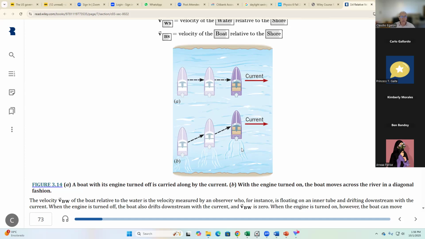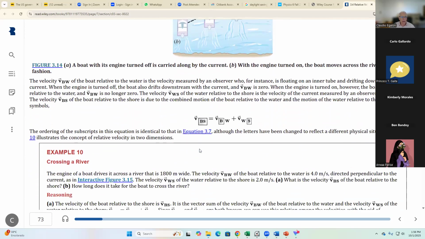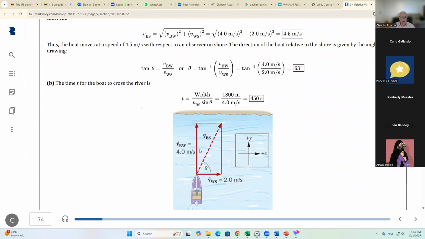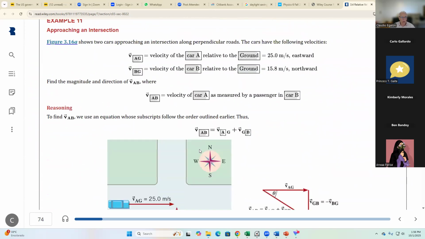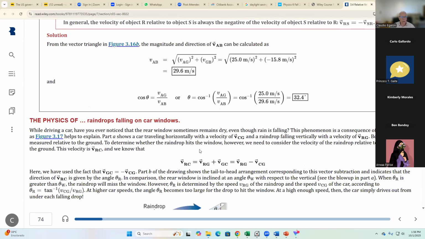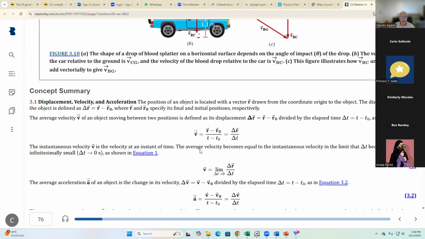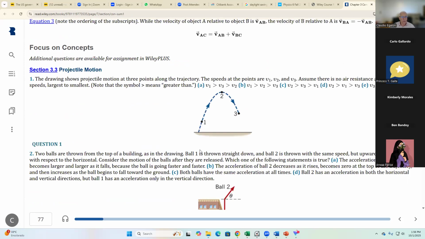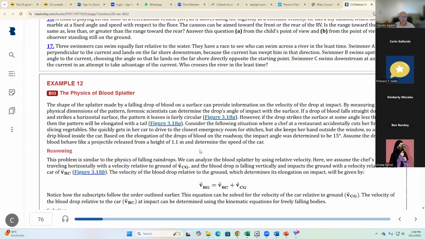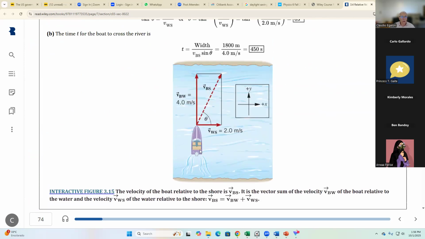Okay, so if you want to cross the river and end up exactly on the opposite side of the riverbank, let's see if you have an illustration here. I thought he had it. Okay, so I'll just tell you what you have to do.